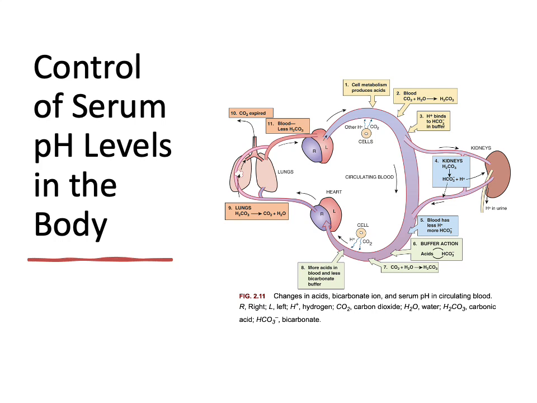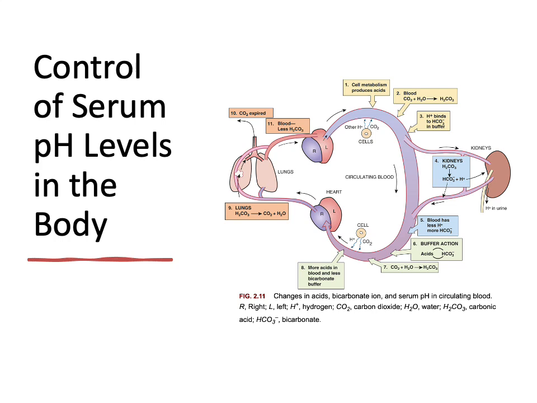The next buffer system we'll talk about is the kidneys. And so the kidneys help to deal with the excretion rate of acids, and it also helps with the absorption rate of the bicarbonate ion. Bicarbonate is more of our base or our alkalosis component.